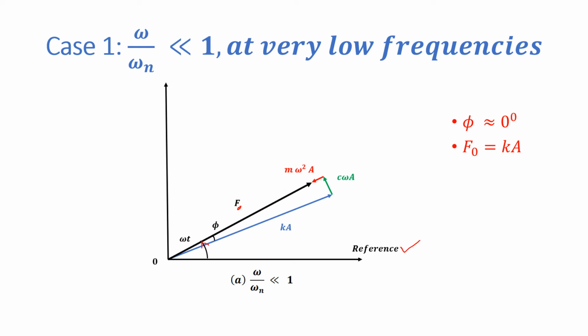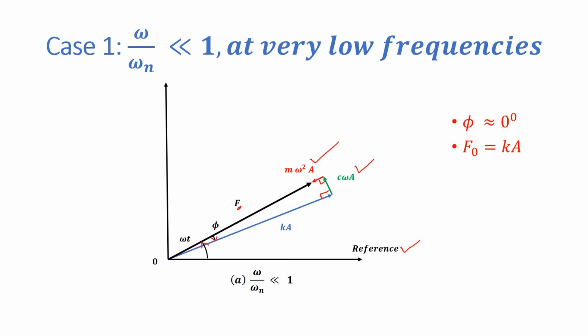Then spring force lags behind the external excitation by phi, and for very small values of omega, c omega A amplitude is less and m omega square A amplitude is further less. Of course, the angle between spring and damping force remains 90 degree, between the damping and inertia force remains 90 degree, and we get a vector diagram like this.